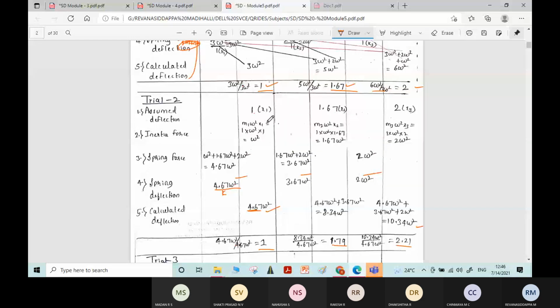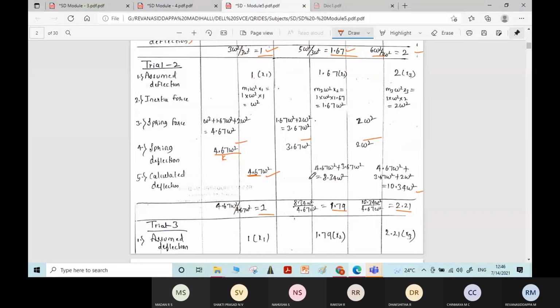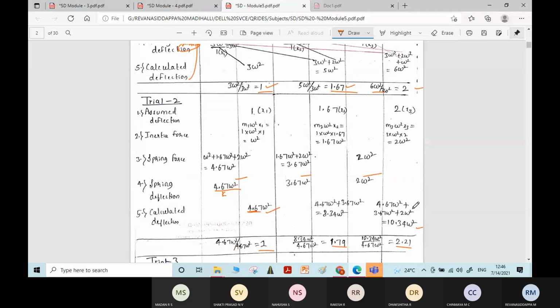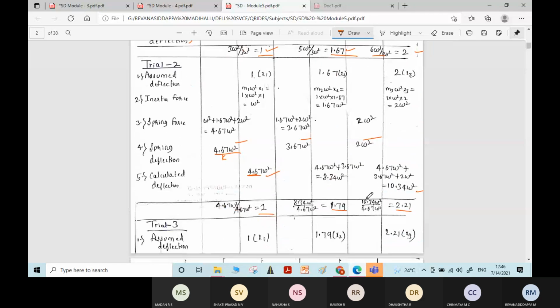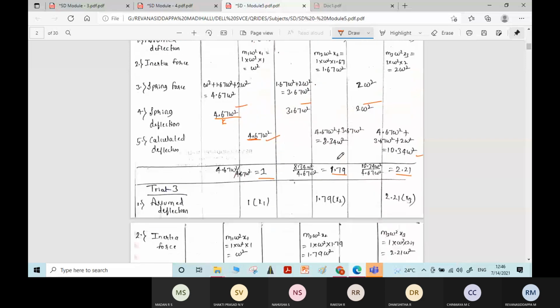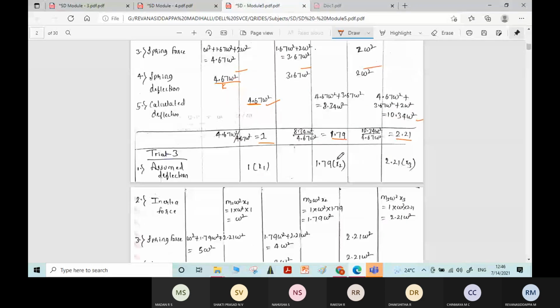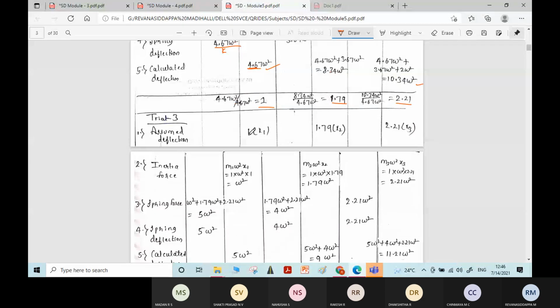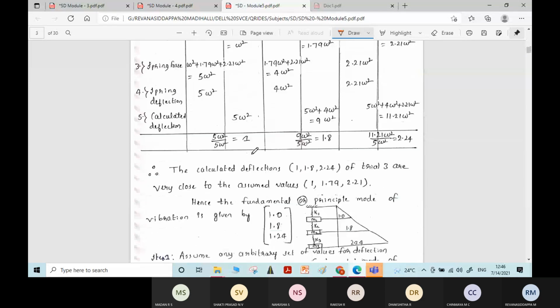So what is the assumed deflection? 1.67, 2, but we got 1.79, 2.21. Now in the second iteration we got somewhat closer values. If you perform one more trial, you will get the exact answers. Now assume these values 1.79, 2.21 as the assumed deflection. Perform the same procedure.